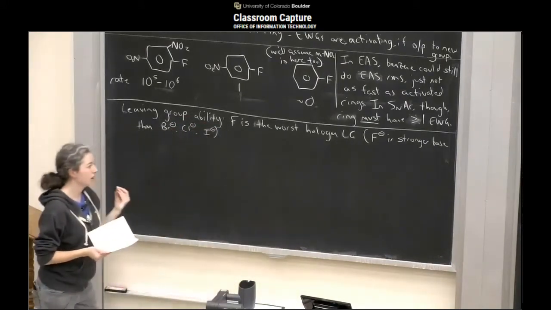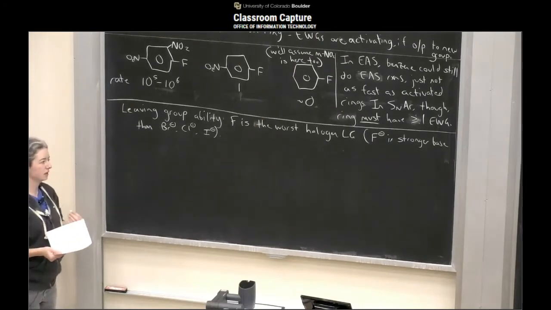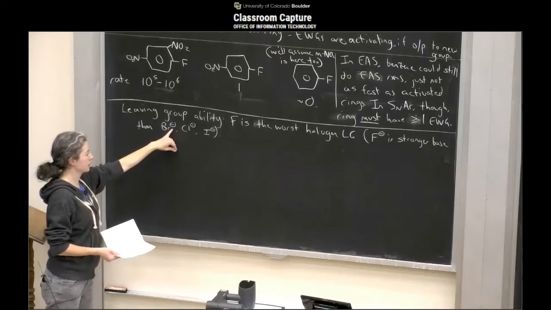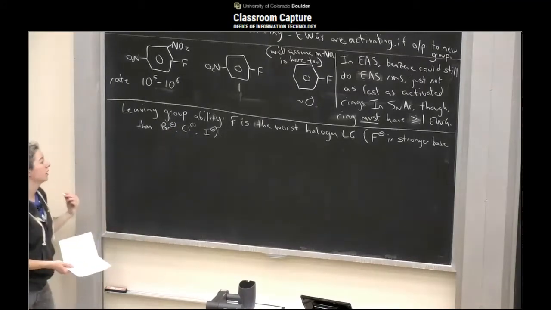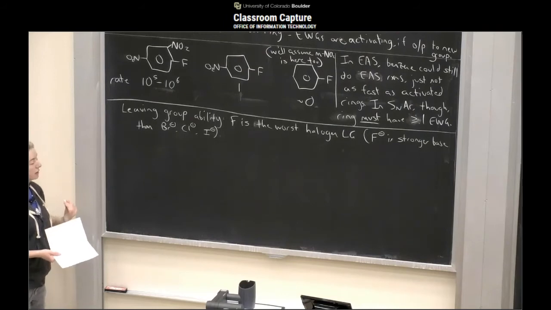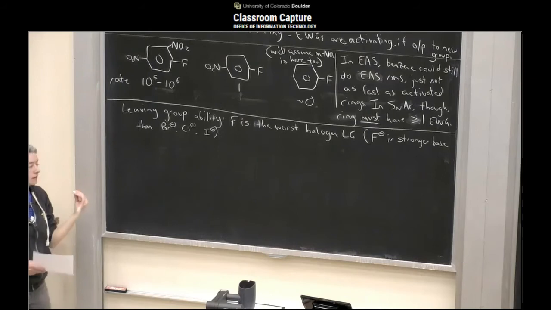So it's a little bit less stable on its own. It's still not a strong base, but it's not as good at holding its negative charge as the other three are. But it turns out leaving group ability is actually not the important aspect of what fluorine is doing in this reaction.